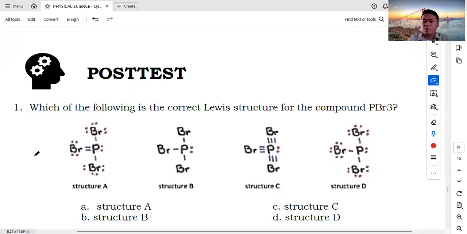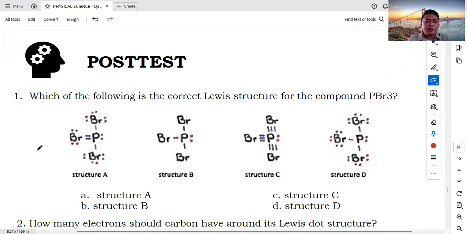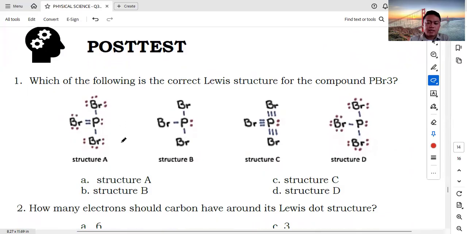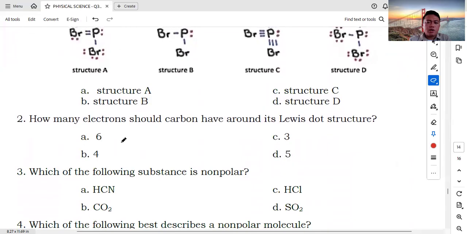So let's have our post test. Number 1, which of the following is the correct structure of the compound PBr3? A, structure A; B, structure B; C, structure C; or D, structure D. Number 2, how many electrons should carbon have around its Lewis dot structure?